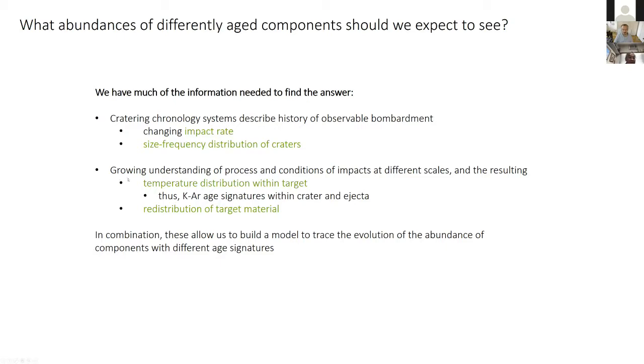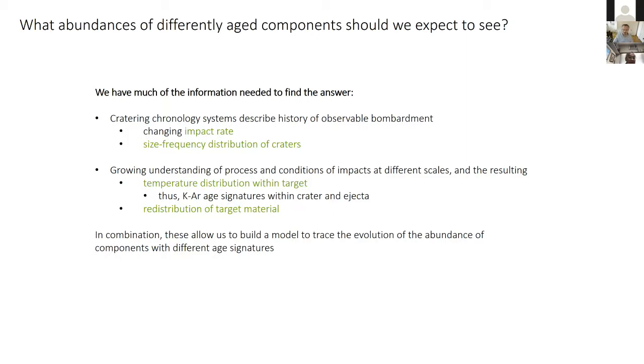The other side is that we have a growing understanding of processes and conditions of impacts at different scales, and also the resulting temperature distribution that occurs within the target after impact. So we can have some idea of how the potassium-argon age signatures should change within the material, both within the crater and within its ejecta. And we also have some idea about how material is redistributed during an impact.